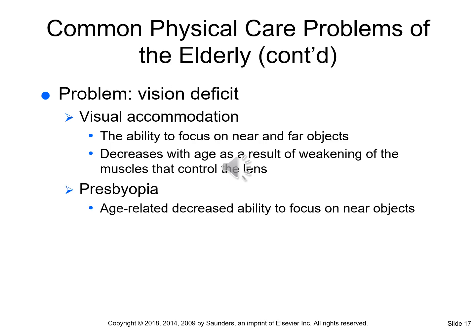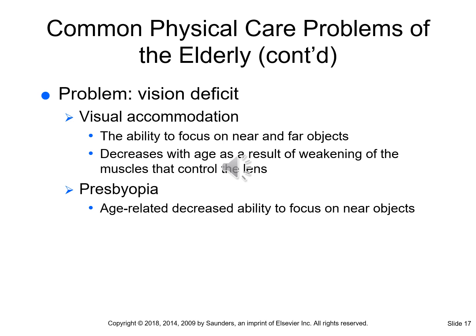Okay, so when we talk about sensory deficits with our elderly patients, vision may be an issue for some of our older adults, such as maybe they have issues with visual accommodation.